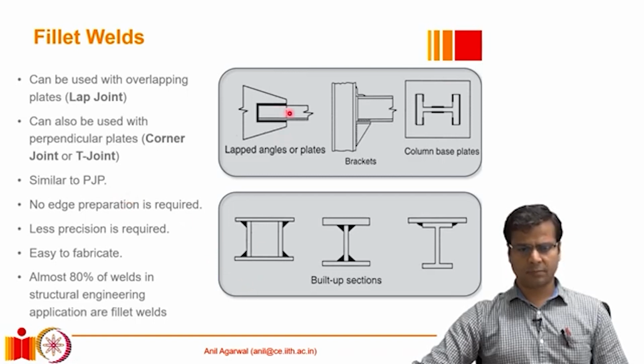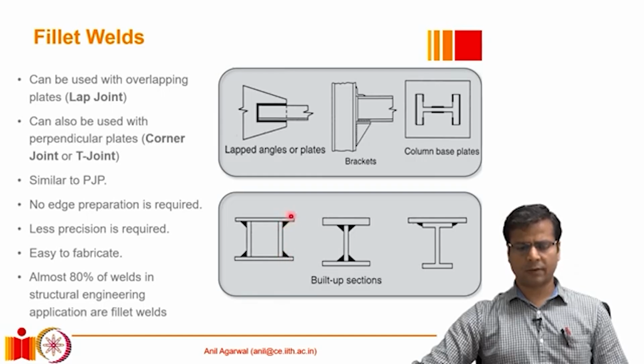Here you can see some examples. Here there is a gusset plate and an angle is welded to the gusset plate. So the welds around this angle are all lap joints or fillet. Corner fillet is shown here, for example. Here you have these two plates that you wanted to join at 90 degrees.